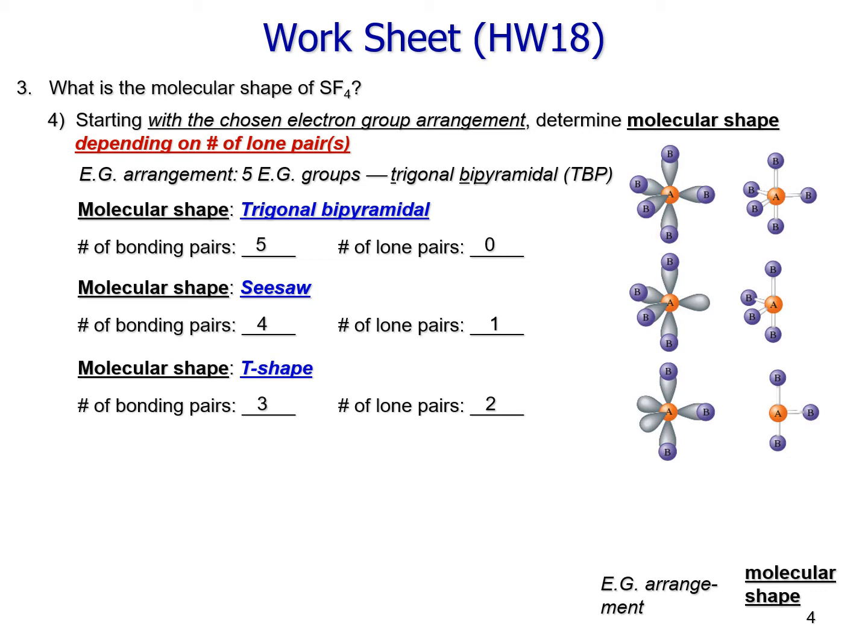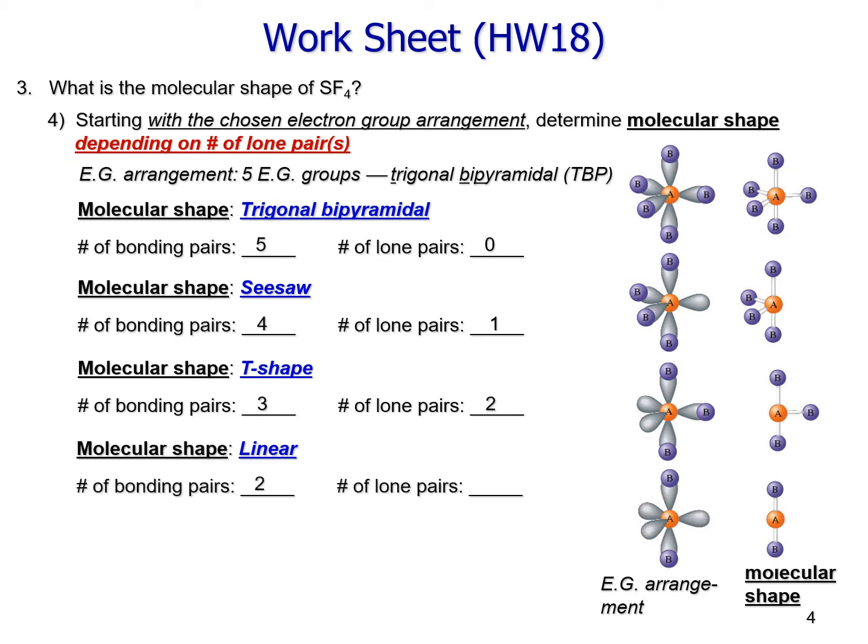And of course, we can have 2 bonding pairs where we can have 3 lone pairs of electrons. All these lone pairs, as we can see, occupy the equatorial position. Now we have linear. Linear is one of the most symmetrical shapes we can find. Speaking of bond angle, there's only 180 degrees, and it's always equal because it's linear.